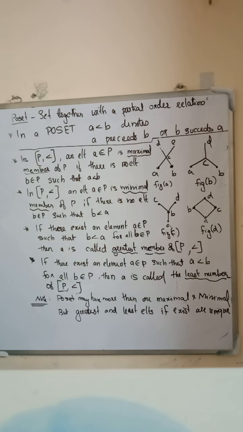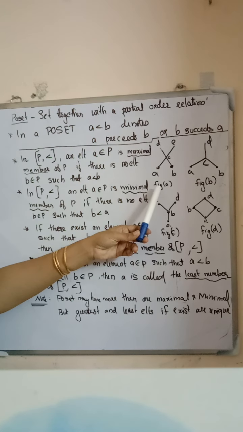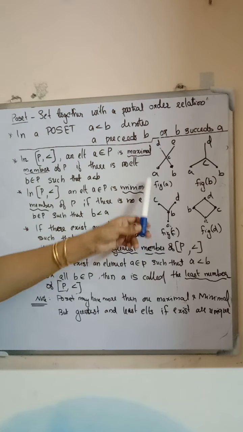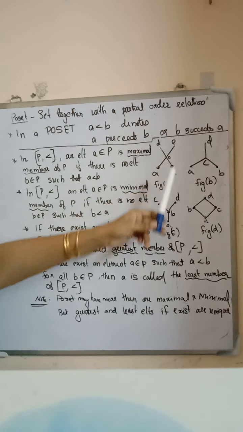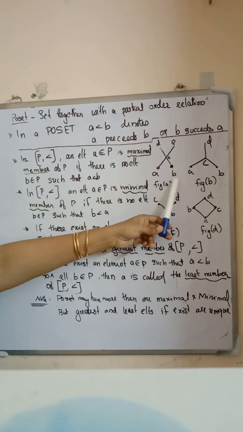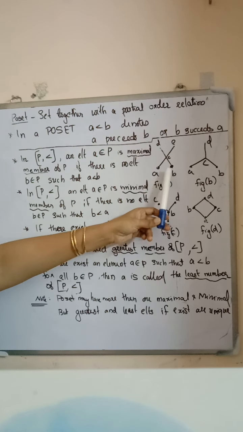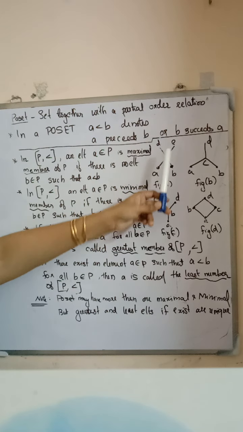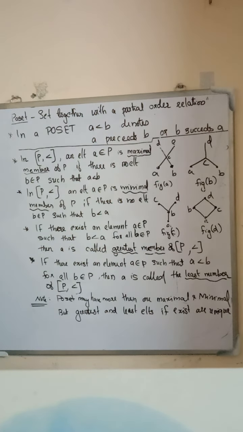So we check the least members of the given figures. In figure 1, we couldn't find a least member because A is less than or equal to C, D, E, but B is not comparable, so A is not a least member. If we consider B, B is less than C, D, E, but A is not comparable, so A or B is not a least member.